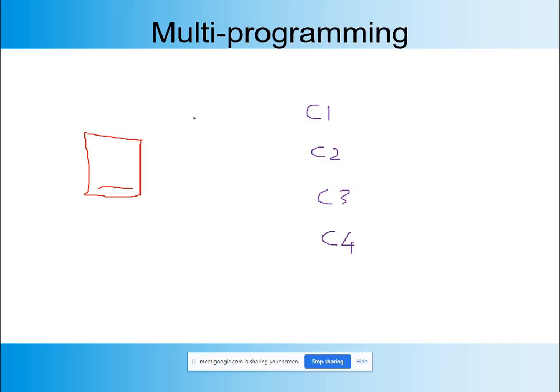So in a multi-programming approach, the hotelier decides this oven should never be idle. He wants to make use of that most of the time. So that is his intention. Assume right now C1 is ready with all the ingredients, all the necessary mixtures.